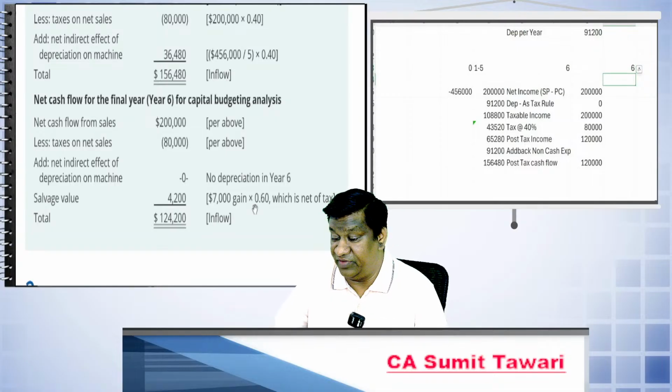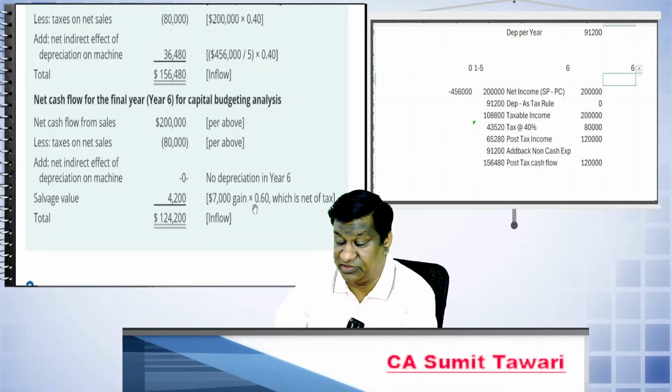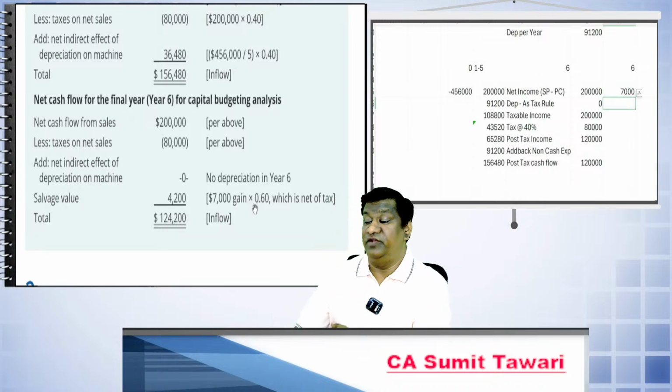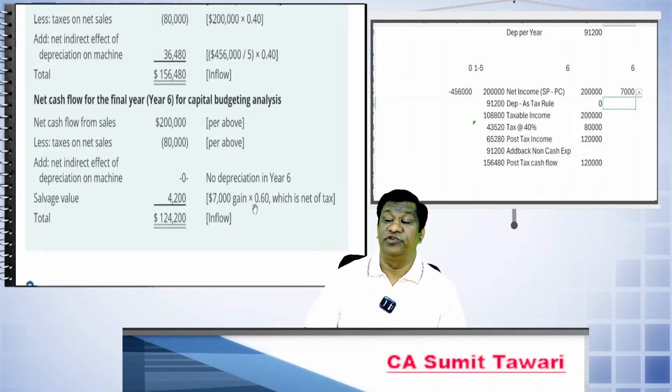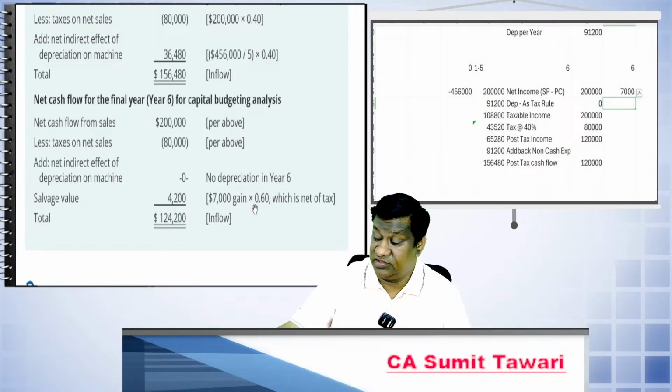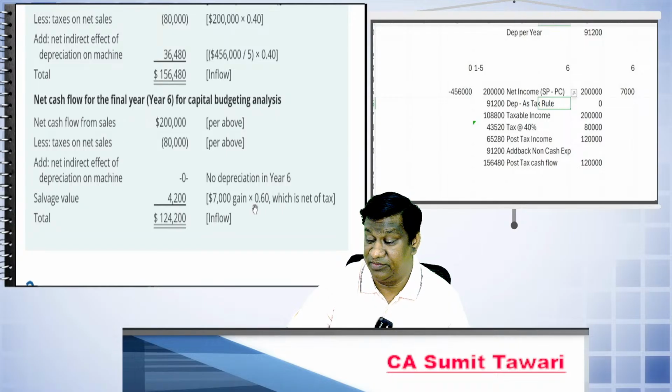In the 6th year there is a salvage value of 7,000, for which I already claimed the depreciation, so that is my additional income. With a salvage value of 7,000, I am able to realize the 7,000, but I already consumed all the tax benefit by way of depreciation, so the book value of the asset is 0.